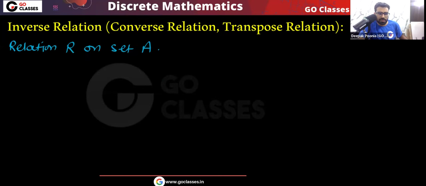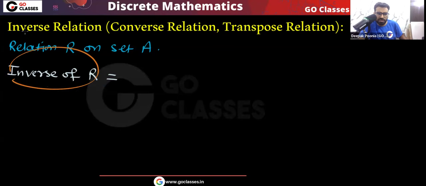So for this relation R, what will be the inverse relation? Let's see what will be the inverse of R. Remember, R is a relation on set A. Then what is the definition of inverse of R? Means how to define the inverse relation of R. It is denoted by R inverse.